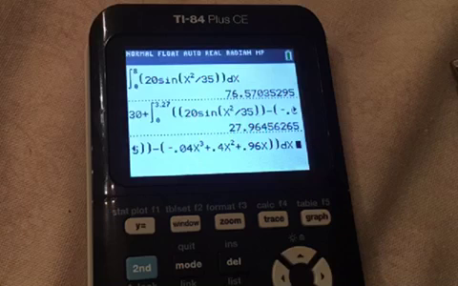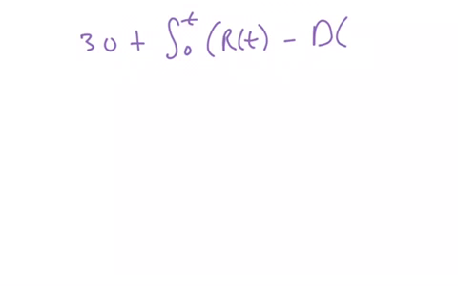Okay, so what do I do from here? Well, let me go to a blank page. What I need to do is substitute into this equation the times 0, 3.27, and then 8.